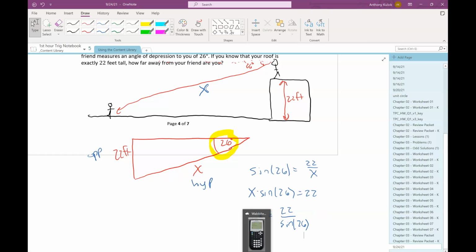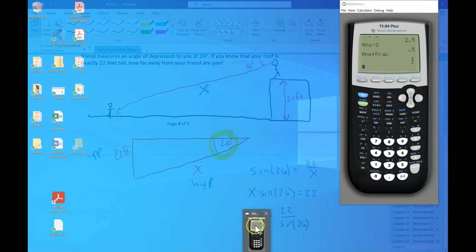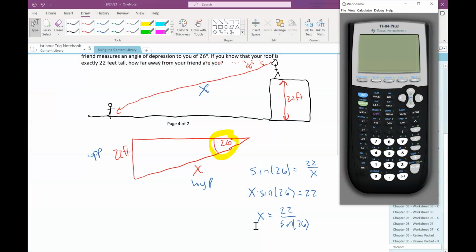Before I type this into my calculator, I do need to check the mode my calculator's in. Since I'm about to use sine, cosine, or tangent, I need to make sure that my calculator's in the proper mode.